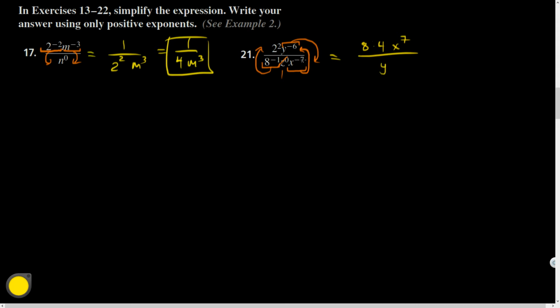Anything to the 0th power is 1. 2 squared is 4. All right. And y to the negative 6 moved downstairs is now y to the positive 6. Let's multiply 8 times 4. That's 32 x to the 7th all over y to the 6th.